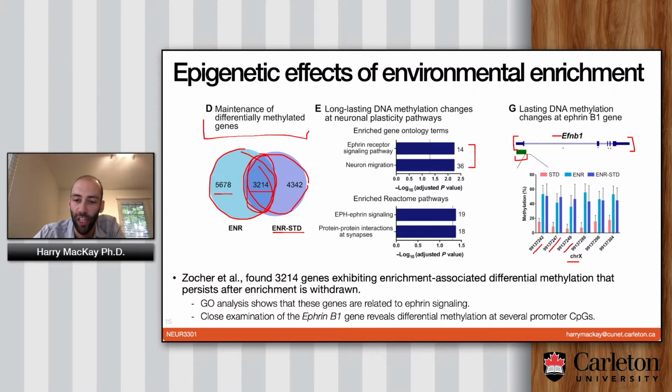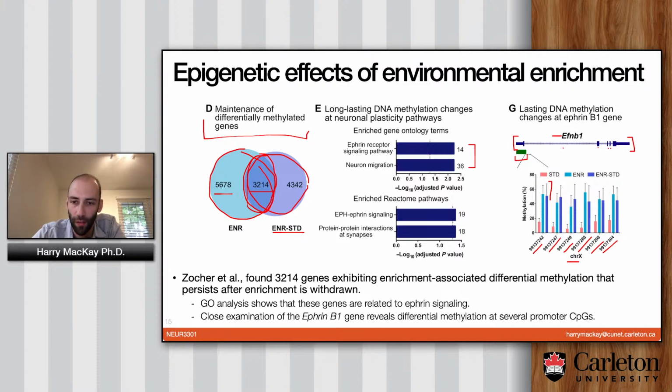So think back to your genome browser assignment. Every position is given a number that just tells where it is on the chromosome from 0 all the way to the end of the chromosome. The methylation level here is much higher in mice exposed to enrichment, whether or not they've been switched back to a standard cage. So in this case, the enrichment has a long-lasting impact on methylation at this particular gene.